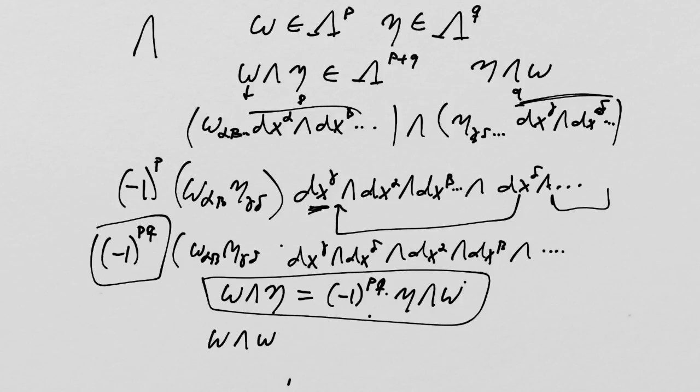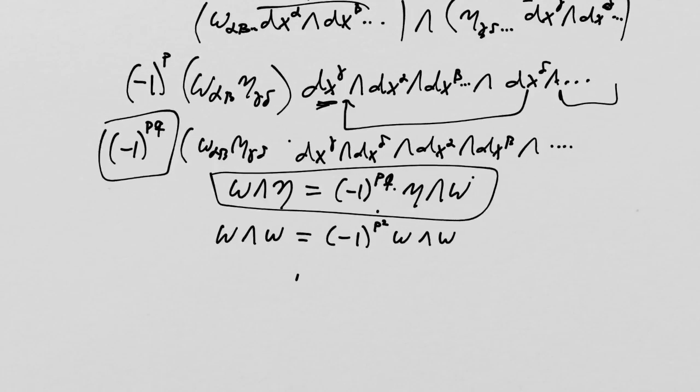Omega wedge omega will equal minus 1 to the p squared omega wedge omega, where we've interchanged omega and omega. So with itself, in a sense, right? We're pretending we're doing this sort of fiction of commuting it with itself.